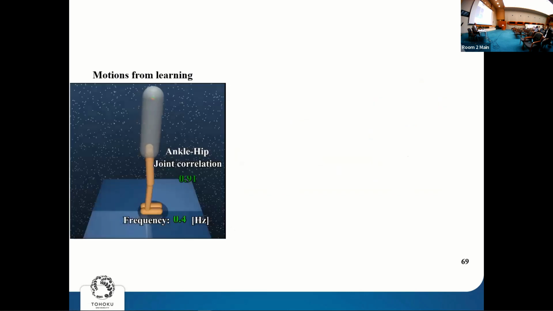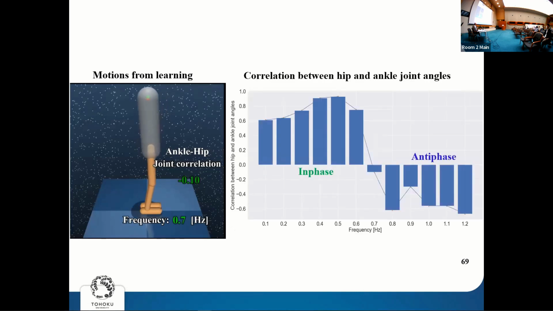And we try to reproduce this, again with the same method, deep reinforcement learning. The point is, of course, the task is head motion, but we also optimize energy efficiency. In this case, similar to human motor control, it's in phase for slow speed frequency, but at a certain point, it switches to anti-phase.